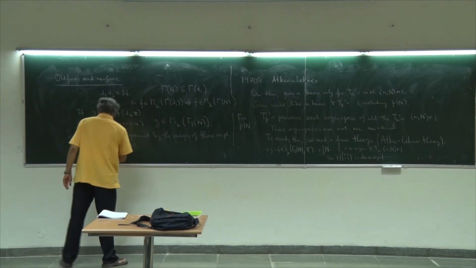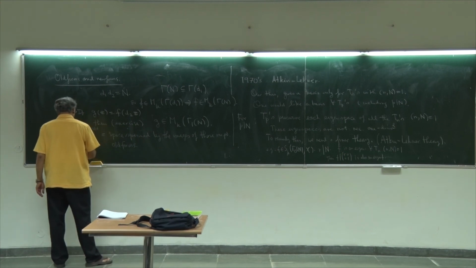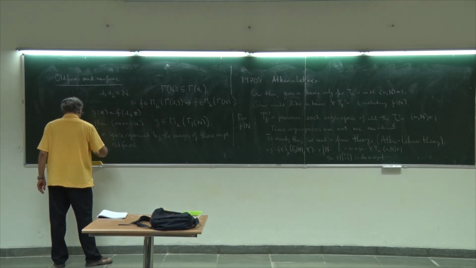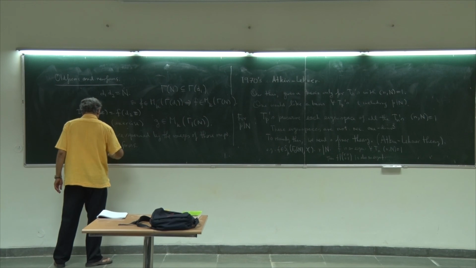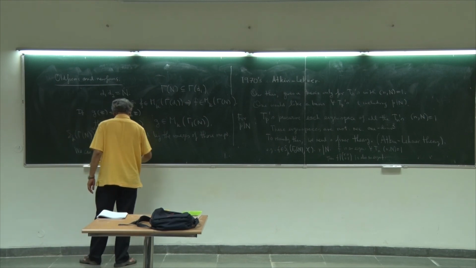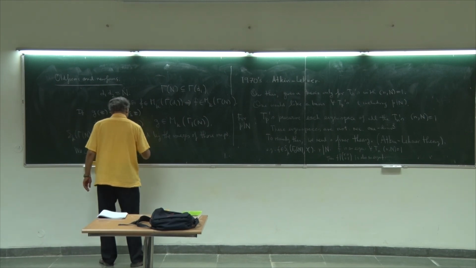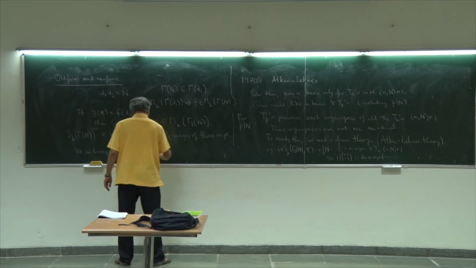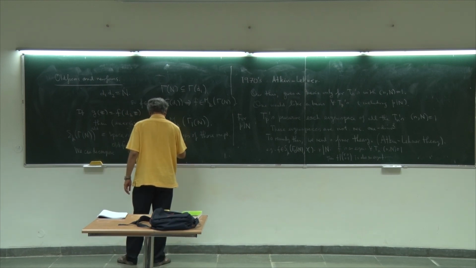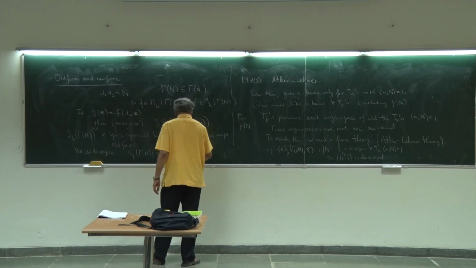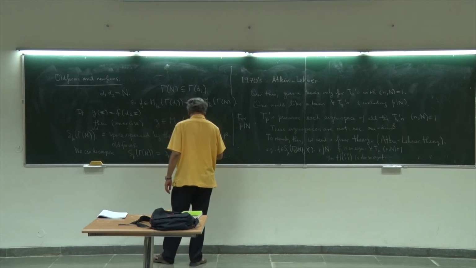And the new forms are the orthogonal complement with respect to the Petersson inner product. So we can then decompose S_k of gamma of n as S_k old of gamma of n direct sum S_k new of gamma of n.